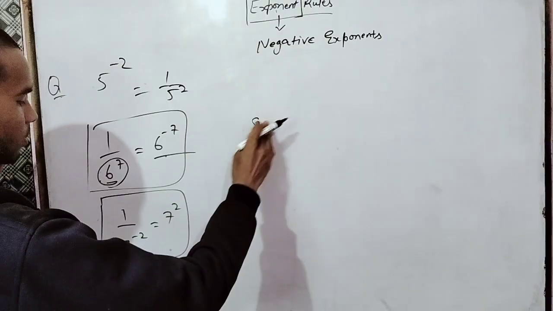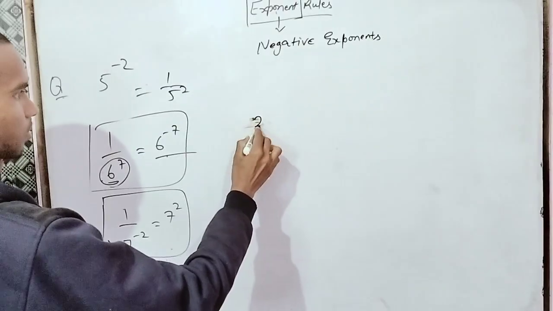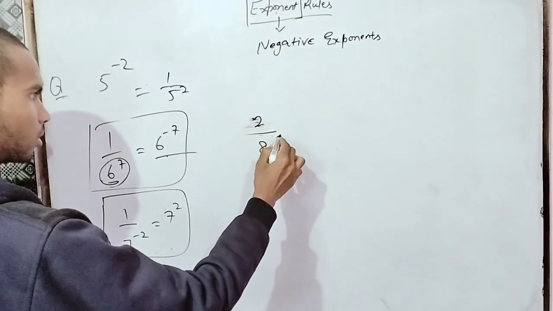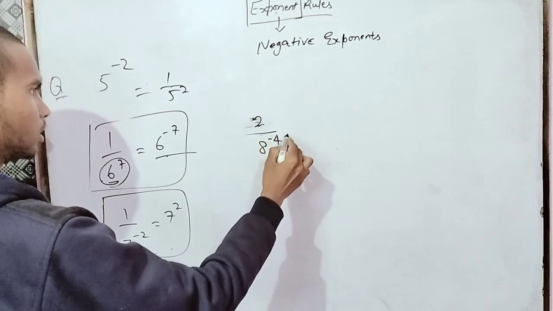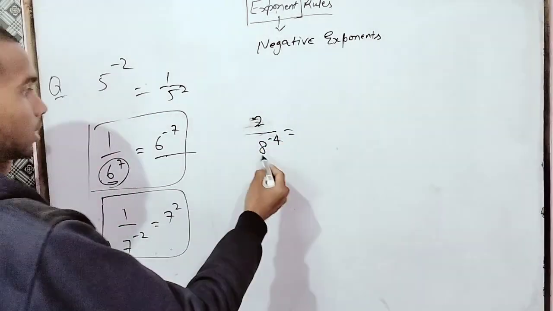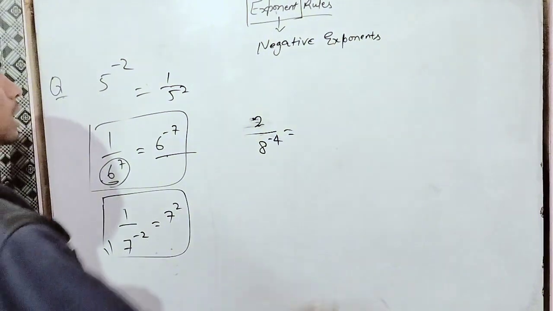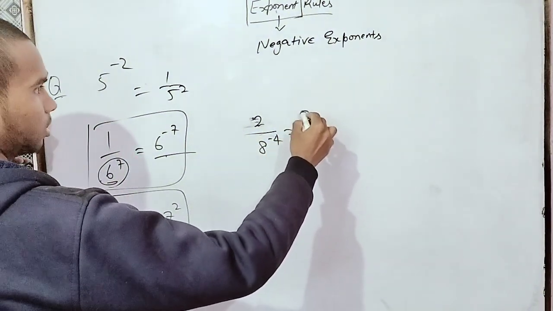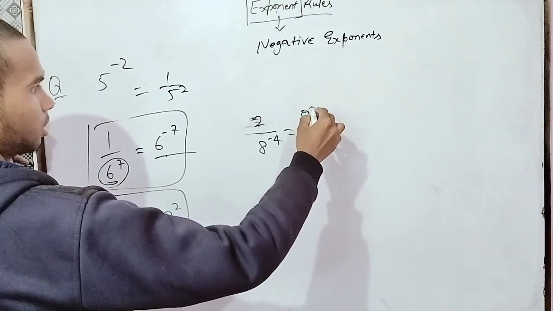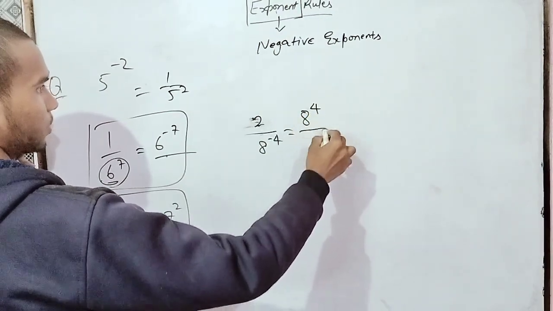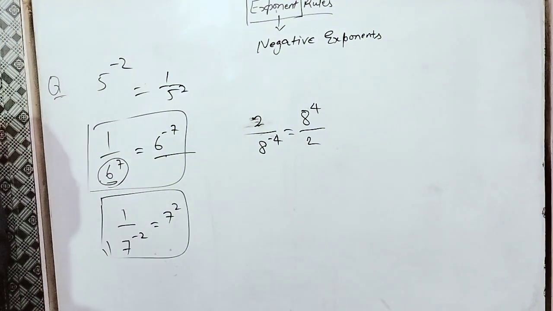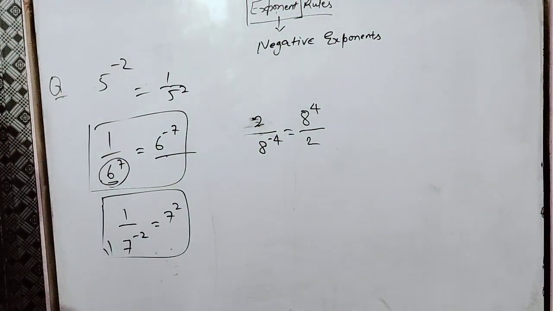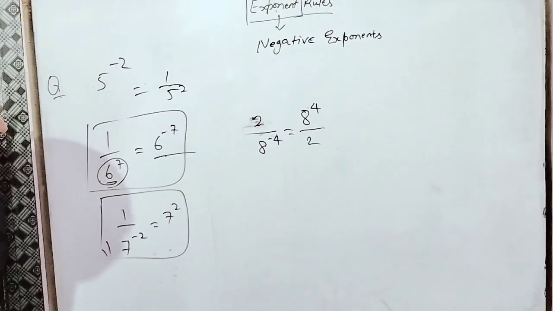Something different now: 8 and 8 to the power minus 4. You can write it like that. If you are changing the denominator to the numerator, then this would be 4 and this would be 2. So here we are changing the sign of the exponents, not the base.